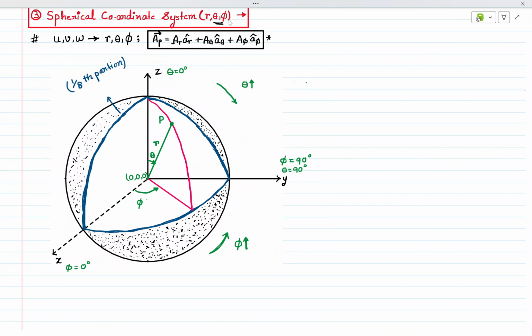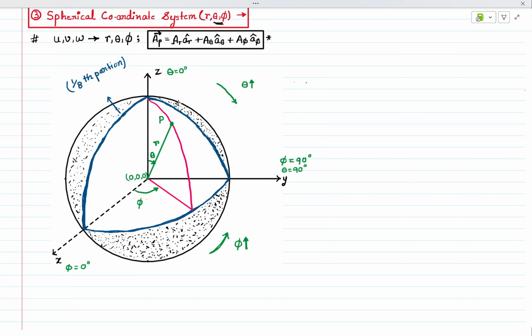As it is a point vector, it must have three components along the direction of r, theta, phi. I am talking about the r theta phi coordinate system, not the xyz coordinate system.